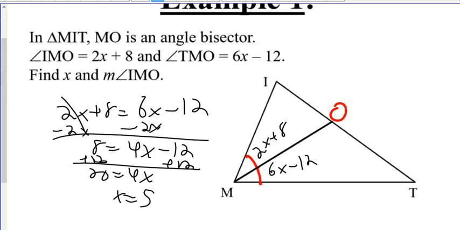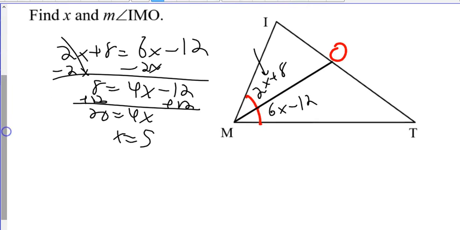Now careful, it's asking for IMO, which is just the 2x plus 8. So we're going to plug 5 in right there. But remember, it could have asked for IMO, TMO, or IMT, the entire thing. So you've got to be careful. So the measure of angle IMO is 2 times 5 is 10, plus 8, 18. So we put a degree symbol there because it's an angle measurement.